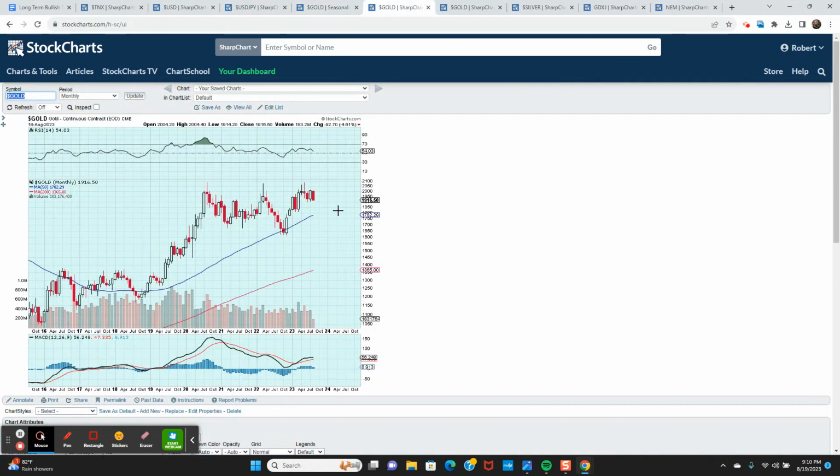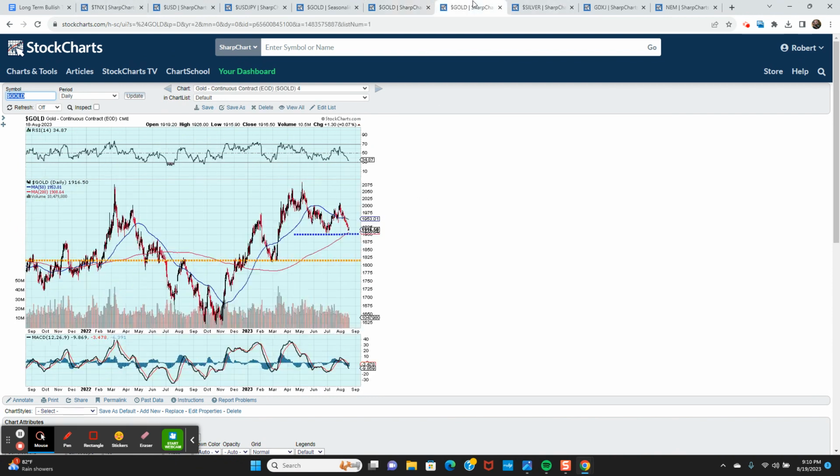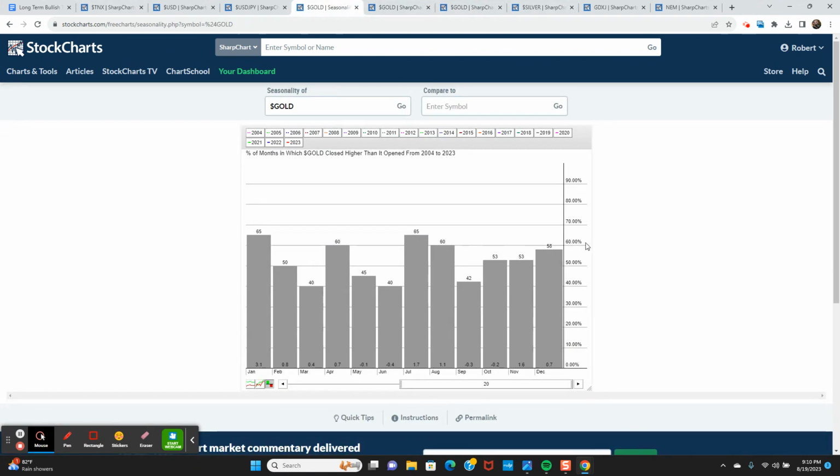Obviously, that's not the case this month of August. We are down basically $100 an ounce this month. We opened at the high of the month and we're at the low right now. So this is not a very good month of August. Generally speaking, when markets don't follow their seasonal tendencies, that's giving us information.